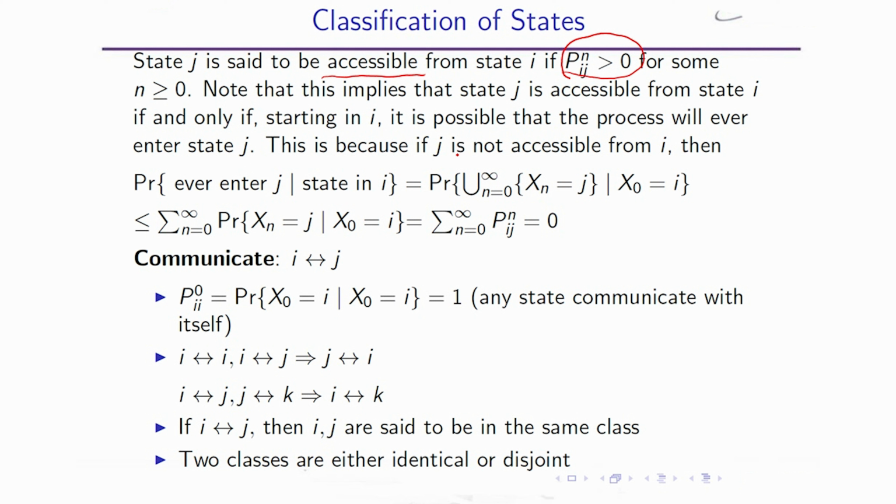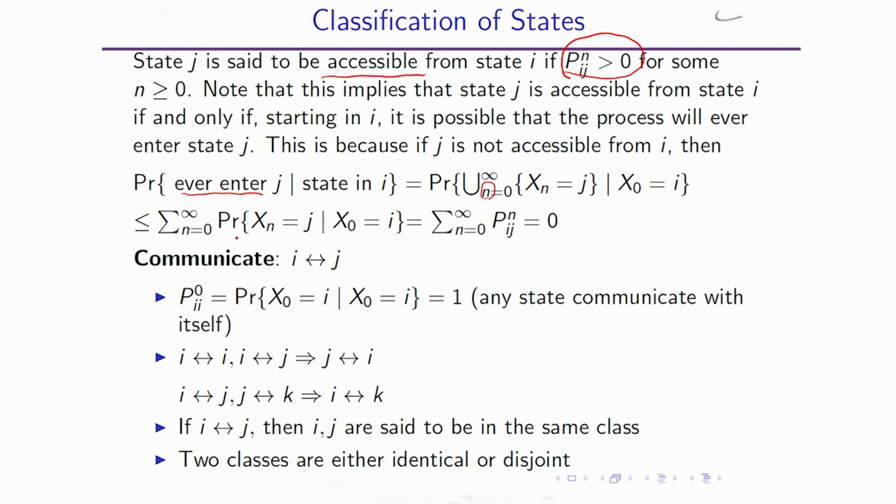This is because of the following argument. If j is not accessible from i, then consider the probability that the process, starting in state i, will ever enter state j. That means for some step n, the process will enter state j, so we take a union here. The probability of a union is less than or equal to the summation of the probabilities of each event.